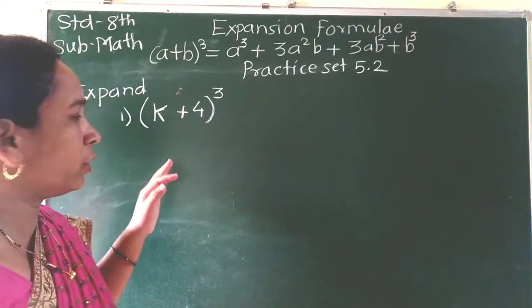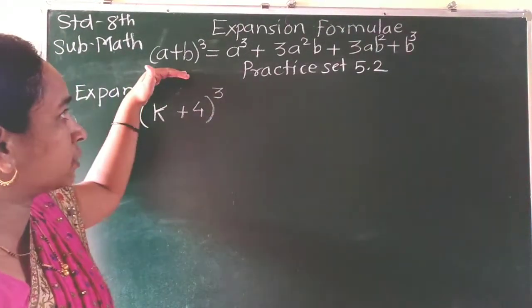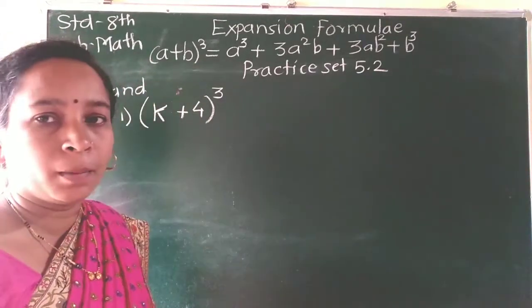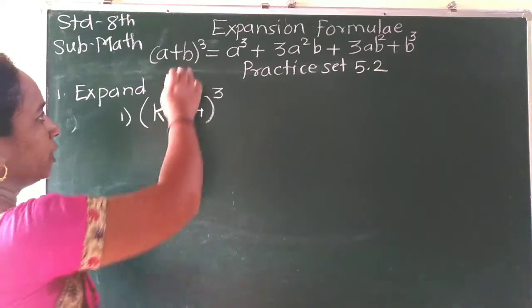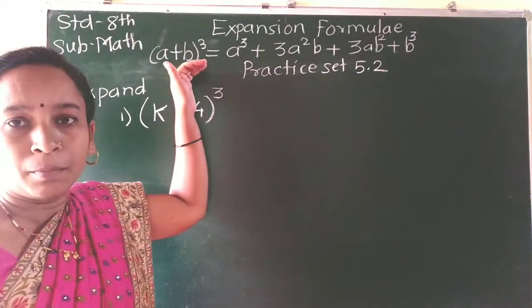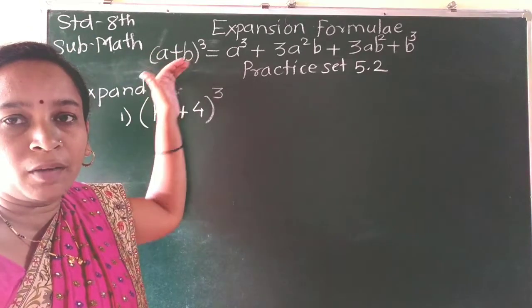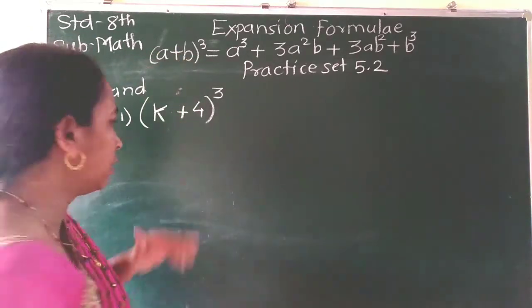This is set 5.2, which is based on this expansion of (a + b) cube, that means the cube of the binomial. So the first example, we'll solve it with the help of the expansion formula. We are going to use it to solve this example.